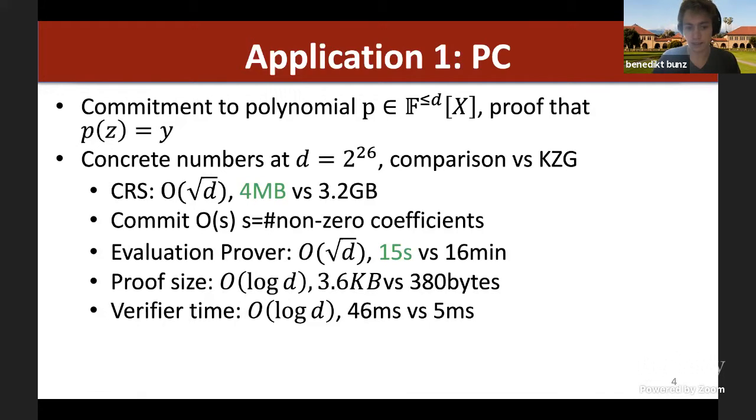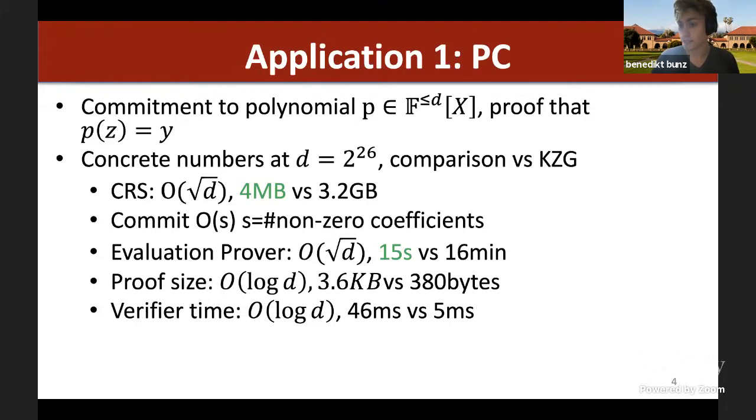And the evaluation prover also only uses a square root number of cryptographic operations. Of course, the evaluation prover has to evaluate the polynomial, but in addition to that, it only performs a square root number of cryptographic operations.